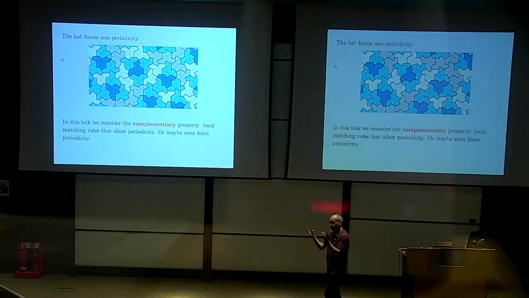So if you want to find tiles that are aperiodic, and I tell you some conditions that guarantee that tiles admit periodicity, then you know not to look there. This is where you are not going to find any aperiodic tiles. So maybe it is still relevant to this topic also.